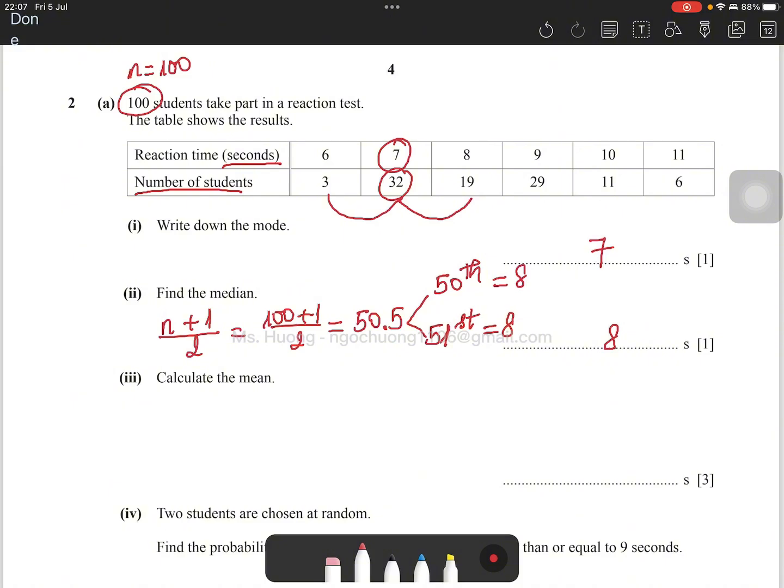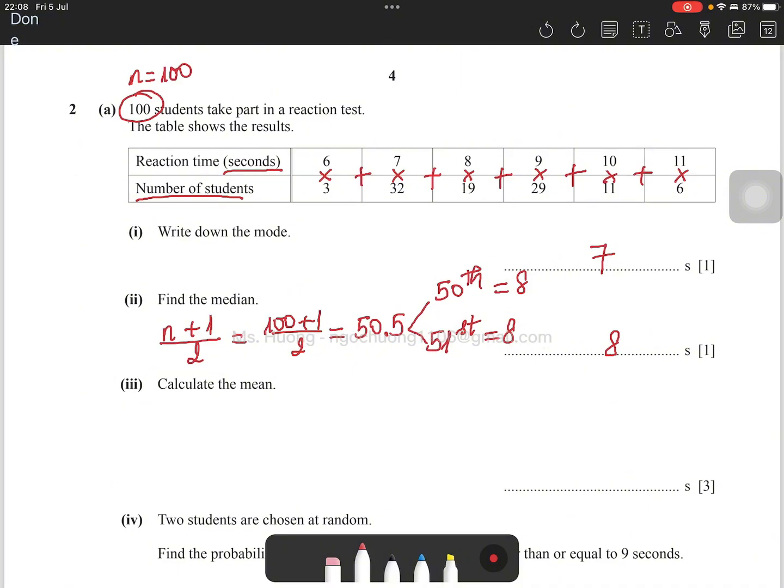Number 3, calculate the mean. To find the mean, we will multiply the reaction time by the number of students. 6 times 3, 7 times 32, and so on. We multiply each pair of numbers. Then we add up the products. We add up all the products, and then we divide it by the 100.